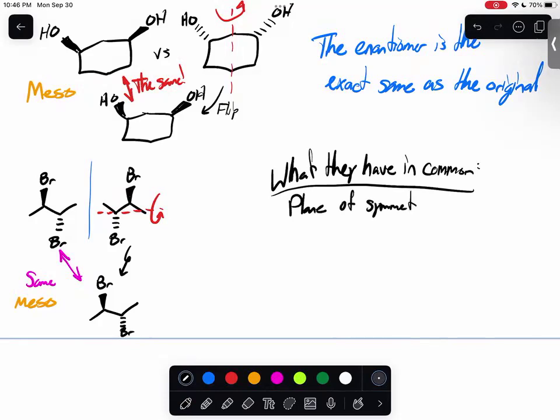If we were to take a look at the first molecule, let's redraw it. It has a very obvious plane of symmetry, right down the middle. The other one, though, is a little bit more hidden. Looking at this guy, this clearly is not showing a mirror plane.